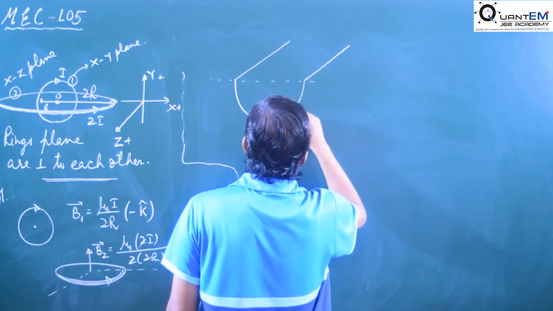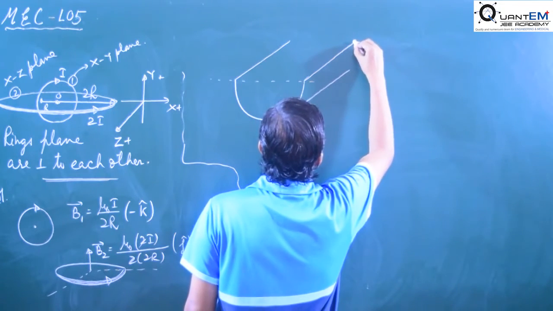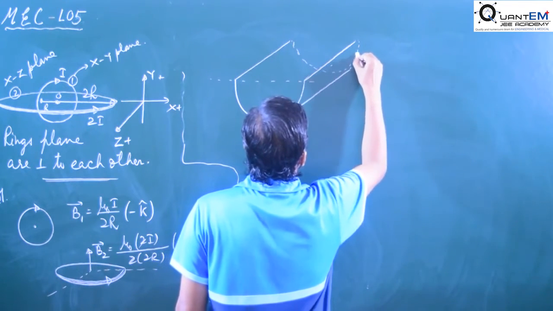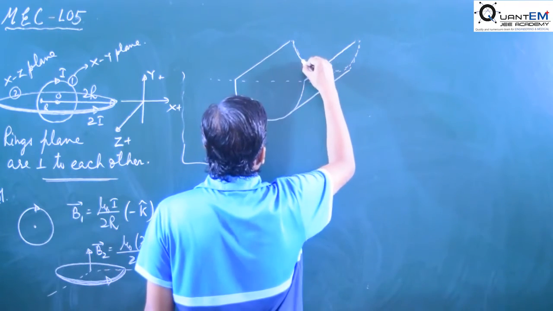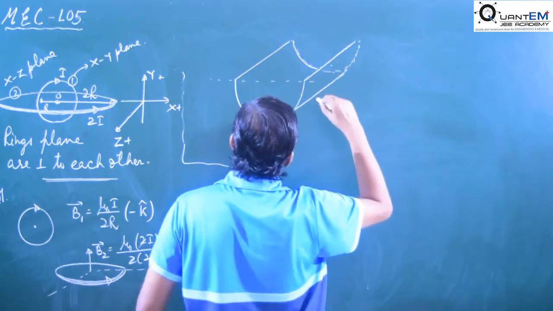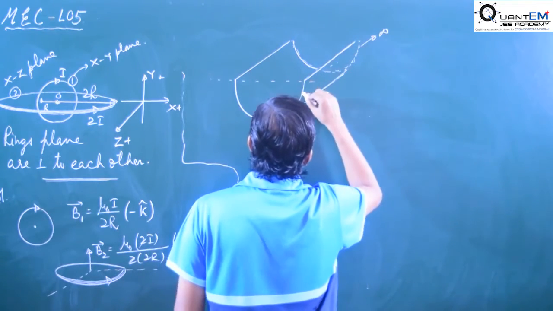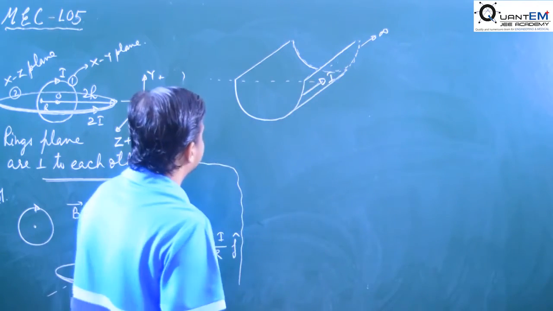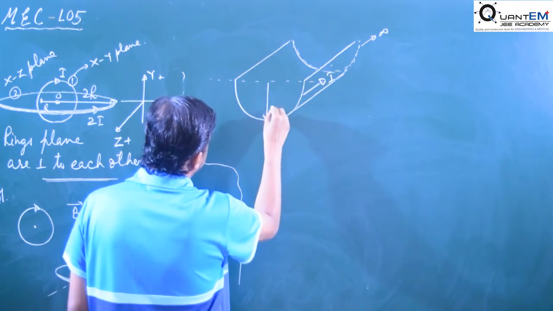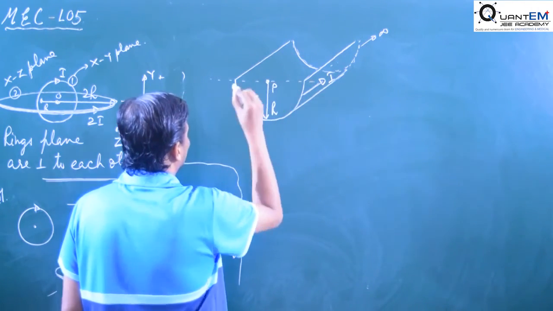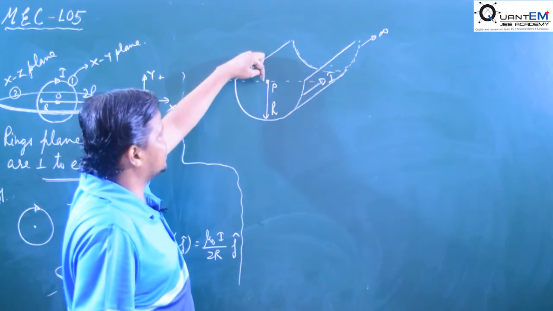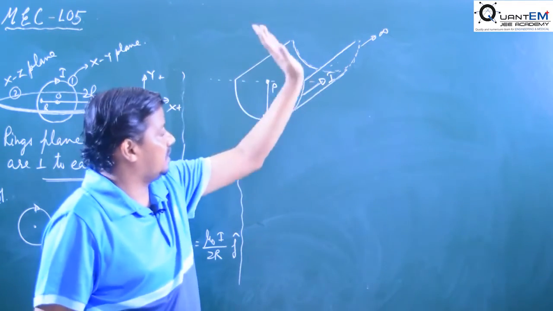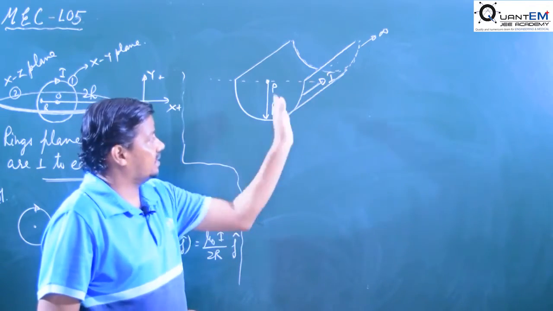This one is the conductor like this. This one is the conductor of semi-infinite length, and current flowing through this section is I. For the whole semicircular section, current is I. Radius of the conductor is given R. You have to get magnetic field intensity at this point, means at any point on the axis in front of any one end of the semi-infinite conductor having semicircular cross section.